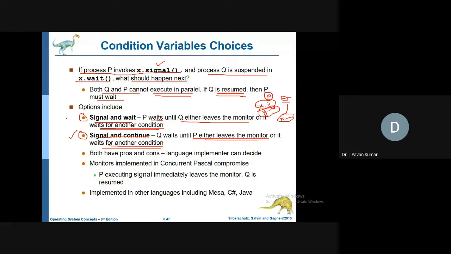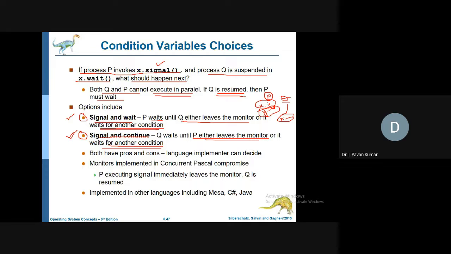There are two options: signal and wait, signal and continue, whenever P invokes this x.signal. Here I have given it in reverse, like Q has given the x.signal. Consider it in this way: P has given x.signal and Q is suspended on x.wait. Then in general, Q will be resumed straight away.